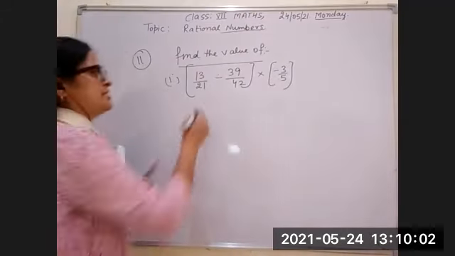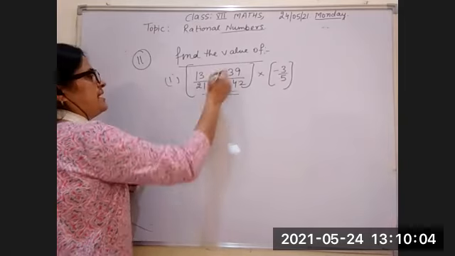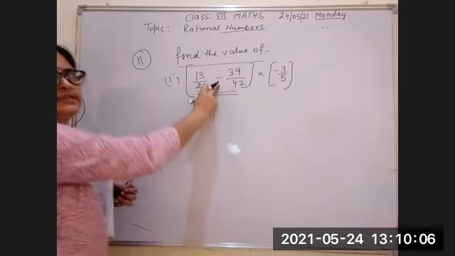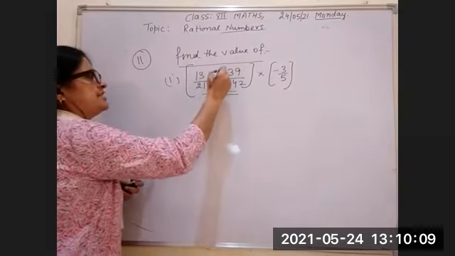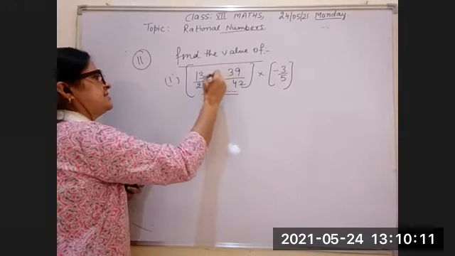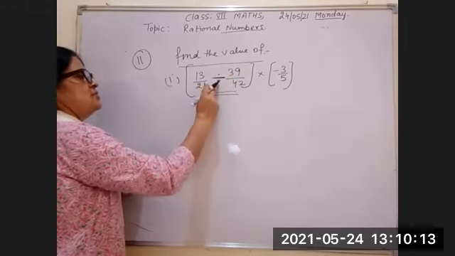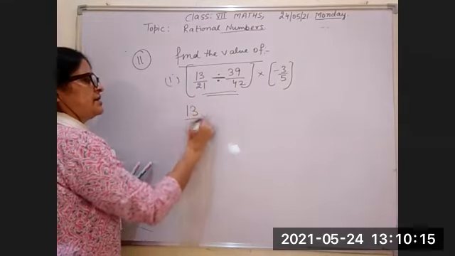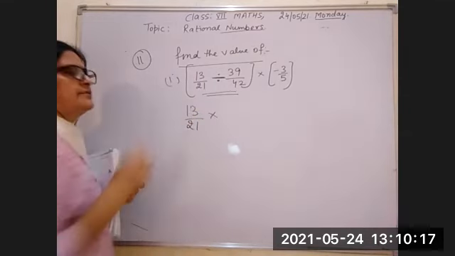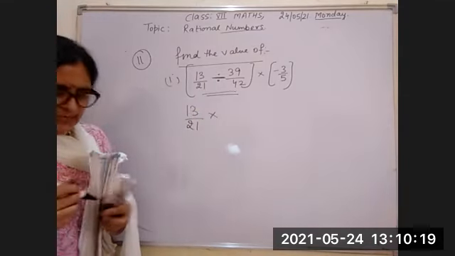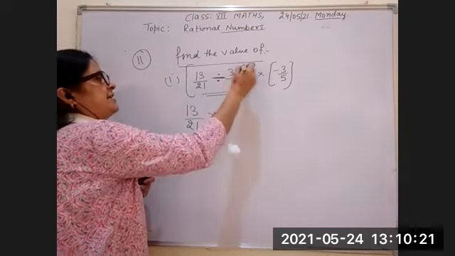First you have to solve the bracket, and in the bracket the divide sign is given. So first you have to convert the divide sign into multiply, and you have to take the reciprocal.